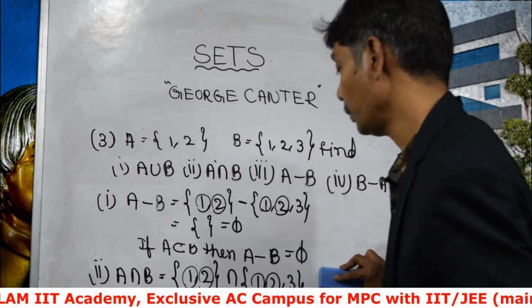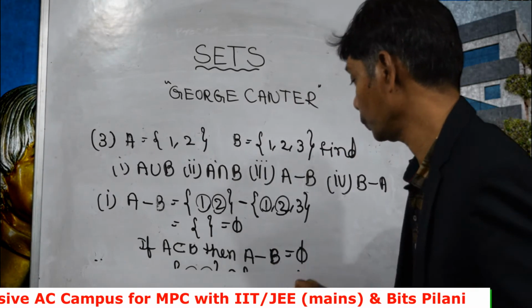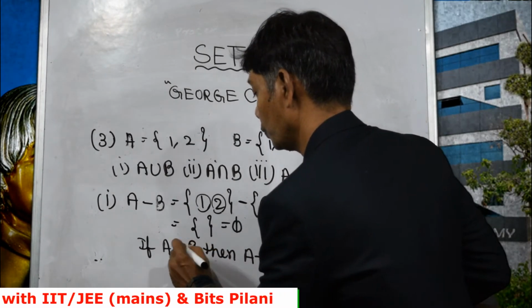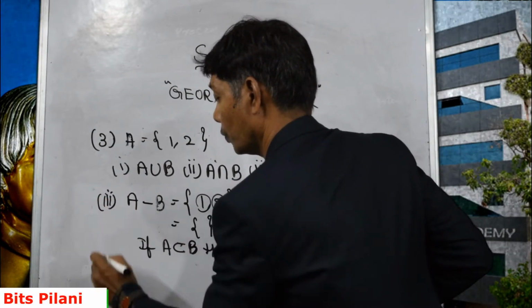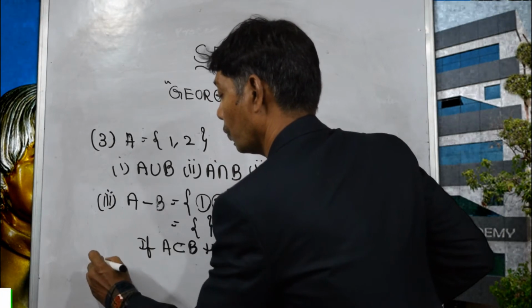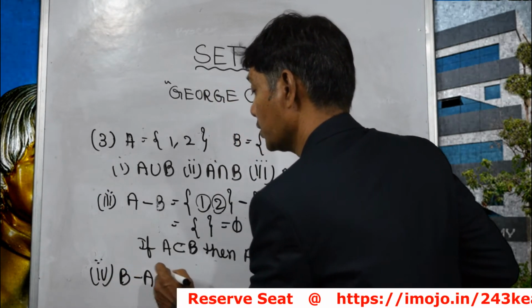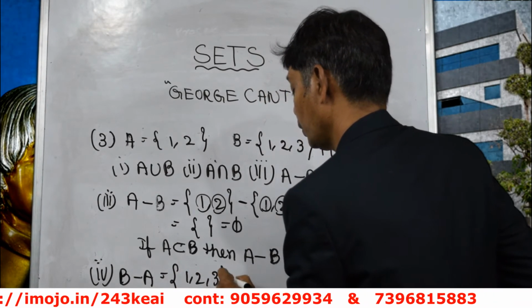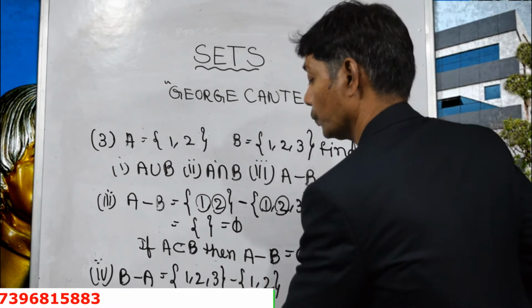In the same way, for this sum, B minus A is equal to B, 1, 2, 3, minus A, 1, 2.